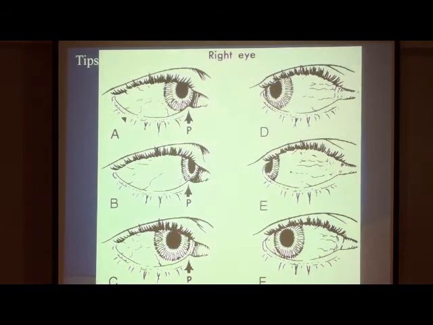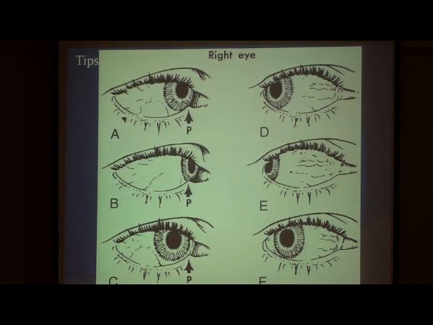Consider what full gaze is. If I have an imaginary vertical line passing from the punctum, it should touch the pupil, or the junction between the inner one-third and outer two-thirds of the cornea. And the same vertical line passing through the temporal limbus should touch the lateral canthus. So you can notice in here that this vertical line touches more, so there's an excess.